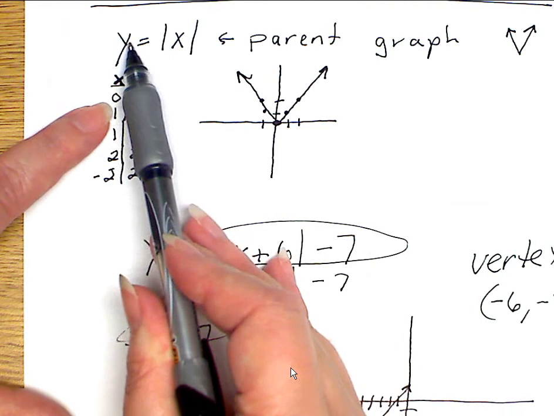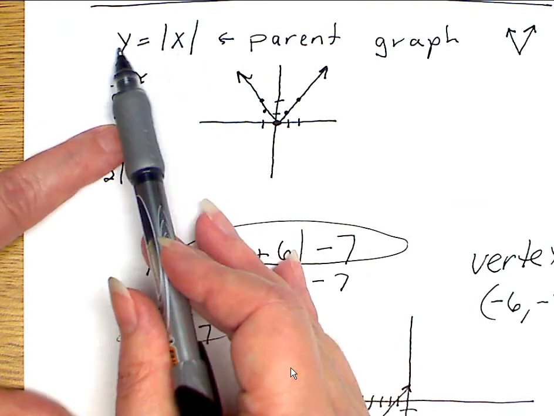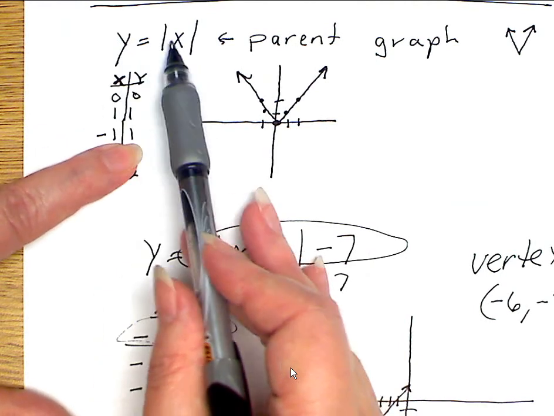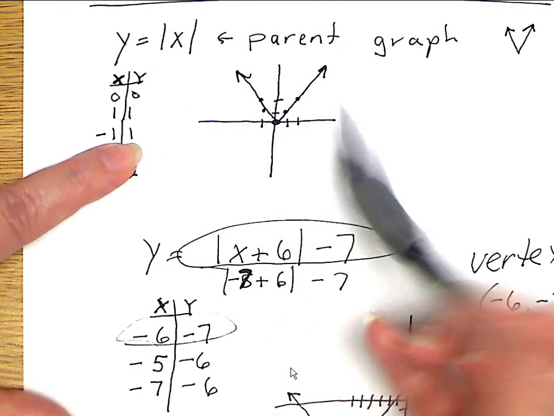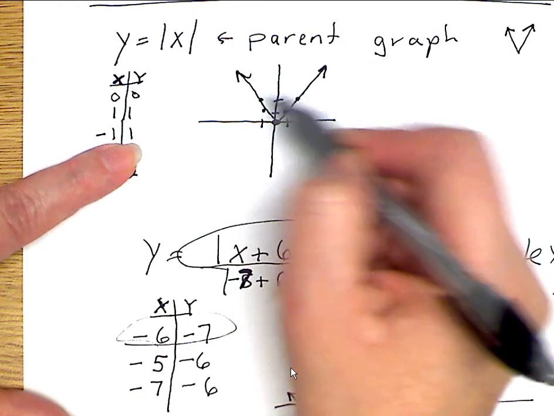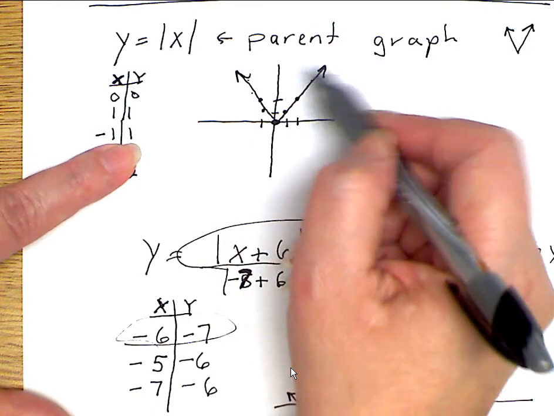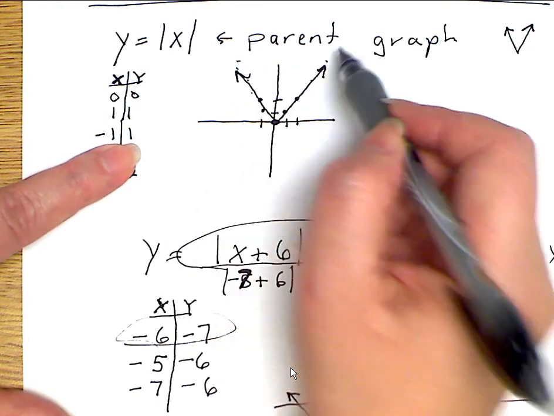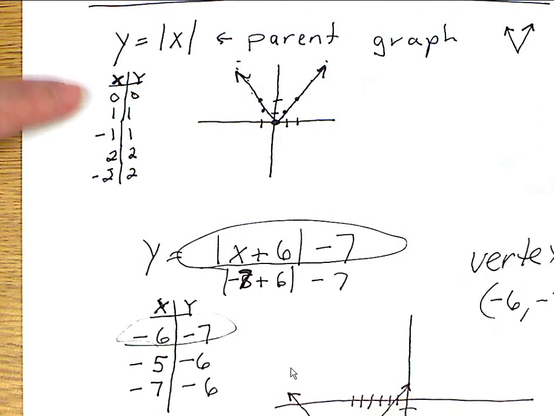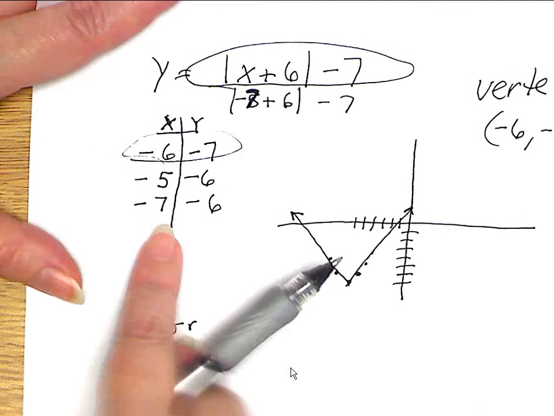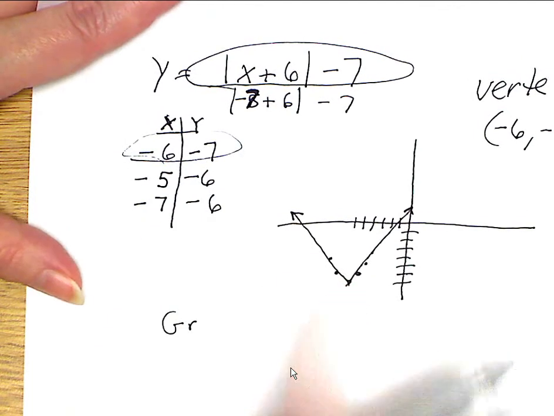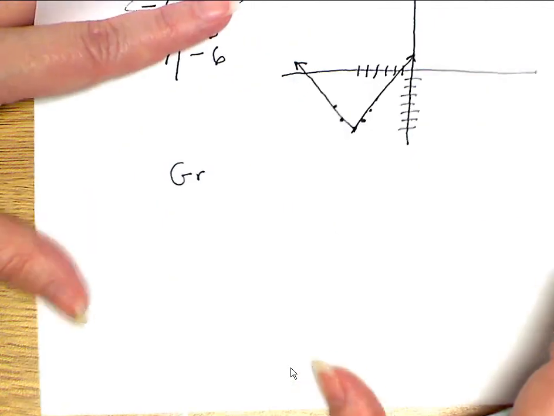When it was 1, it's 1. When it was -1, it's 1. That's why we graphed this one first, because all it's doing is going 1 on each one, and it's going to keep doing that forever. And so when we translate it, you can make an XY chart like this, but it's going to create the exact same thing. All right. Graphing circles.